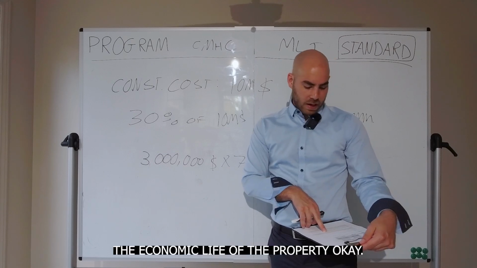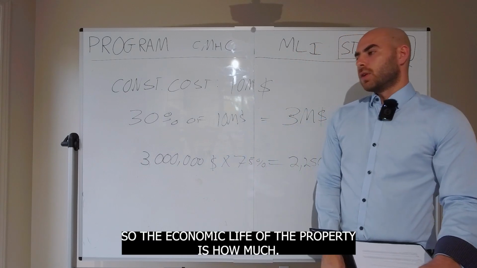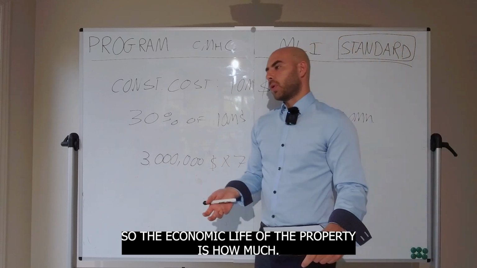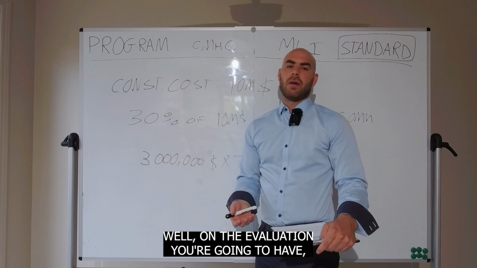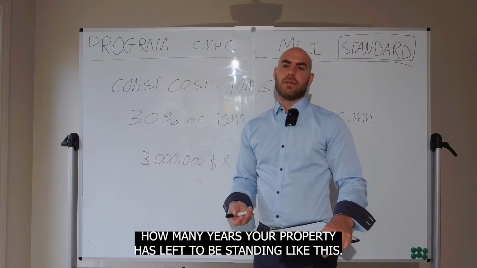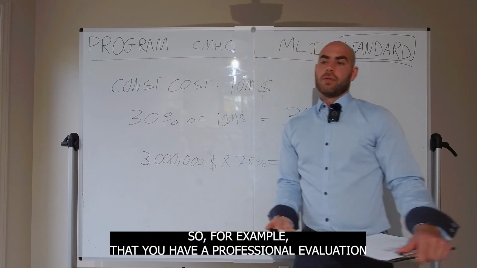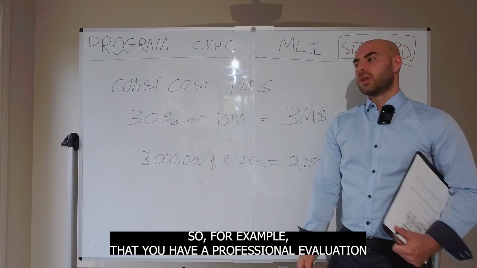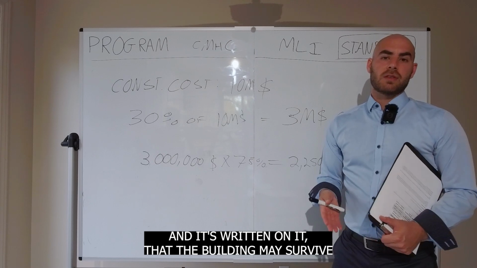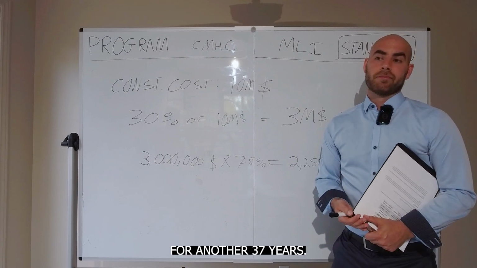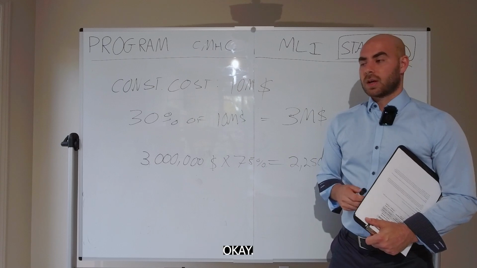the economic life of the property, okay? So the economic life of the property is, on the evaluation, how many years your property has left to be standing like this. So for example, if you have a professional evaluation and it says that the building may survive for another 37 years, okay?